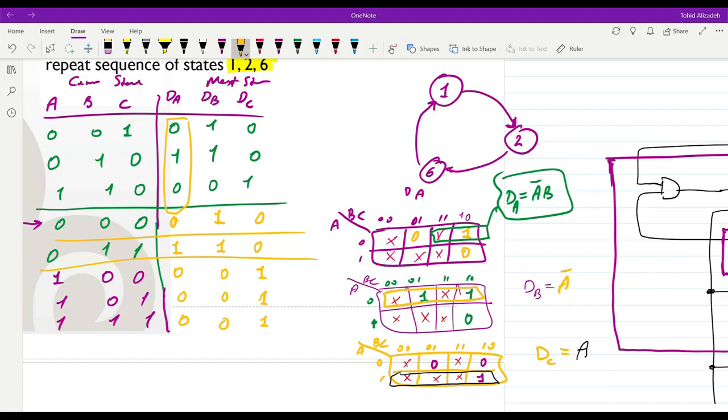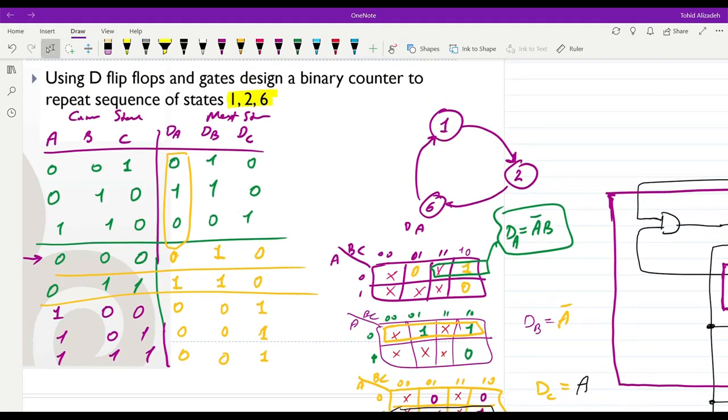And now we can also complete our state diagram. If we happen to be at 0, 0, 0, so from 0, we will go to 0, 1, 0, which is 2. So from here, we will move here. If we are in 3, we will go to 1, 1, 0, which is 6.